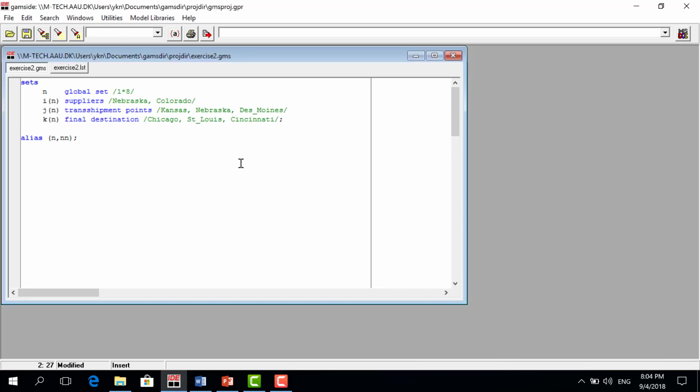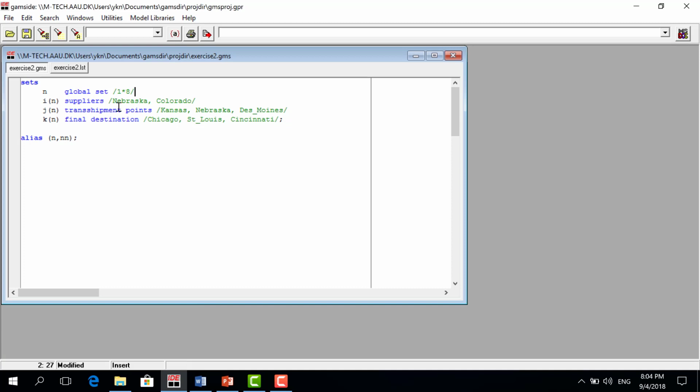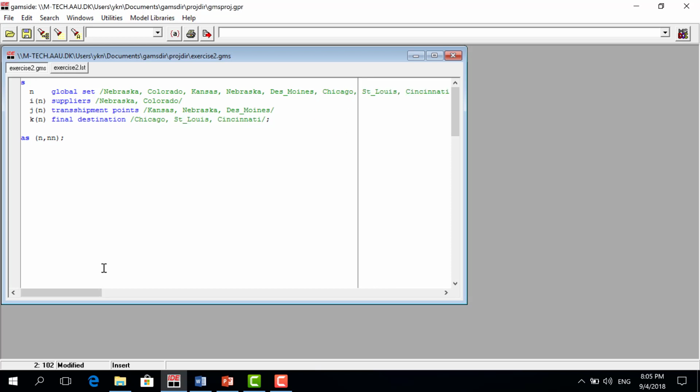Please keep in mind that because we have named the nodes in our supply chain here by using city names, therefore we could put here not numbers but the city names. Here Kansas, okay, and Chicago, yes, that will be great.